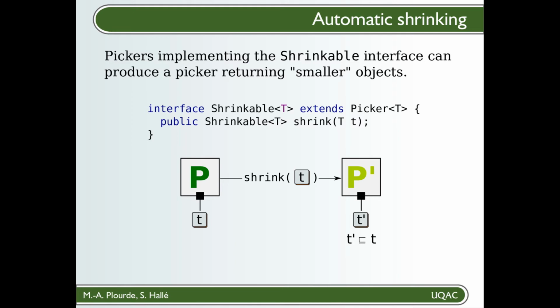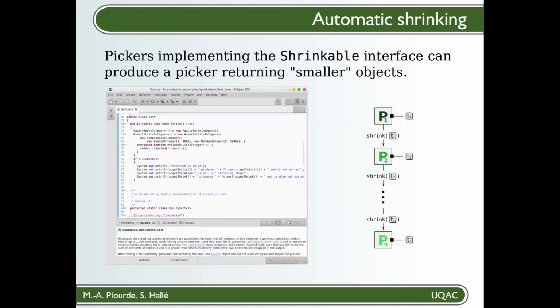Another feature is called input shrinking, similar to what can be done in implementations of the QuickCheck framework. Here is an example where lists of integers are randomly generated until one is found that exhibits a fault in the underlying sorting algorithm. Pickers implementing an interface called shrinkable can automatically produce smaller values, and the repeated search for smaller and smaller values is automated by an object called assert.